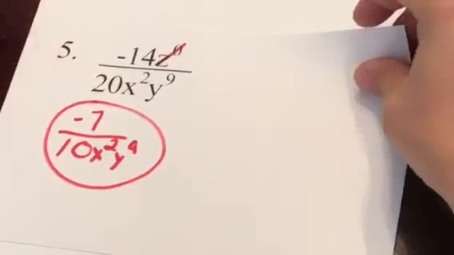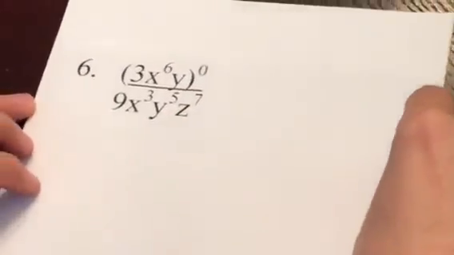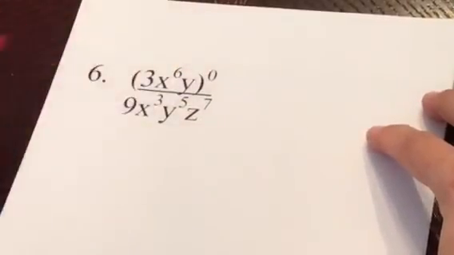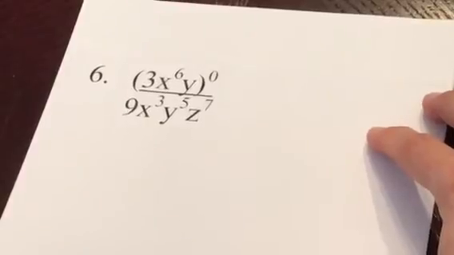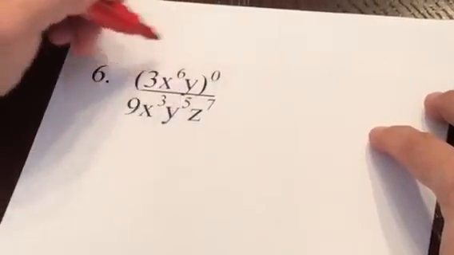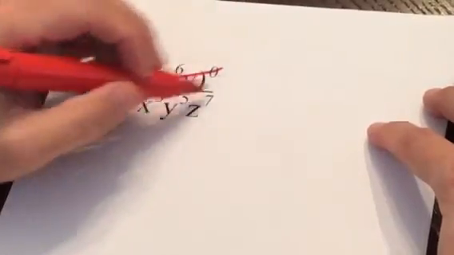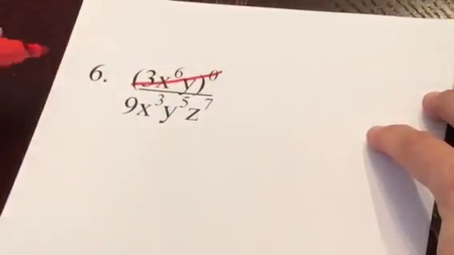Our last example for number 6. Number 6. Another example, the entire parentheses is raised to the 0 power. The entire parentheses raised to the 0 power cancels completely out. We have nothing else on the top of that fraction.